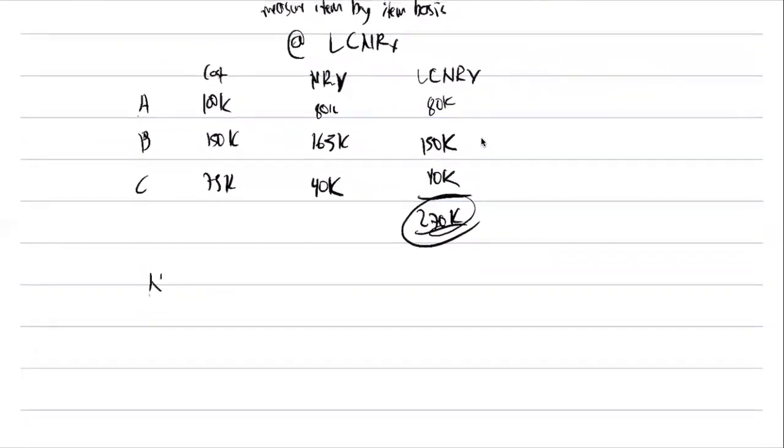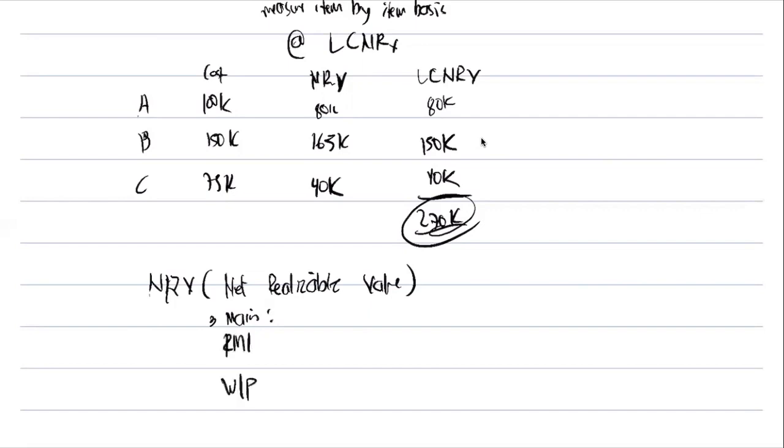But what is really NRV? What do we mean by net realizable value? Take note, guys, you have three main inventory items. We have your raw materials inventory, we have your work in process, and we have your finished goods inventory.